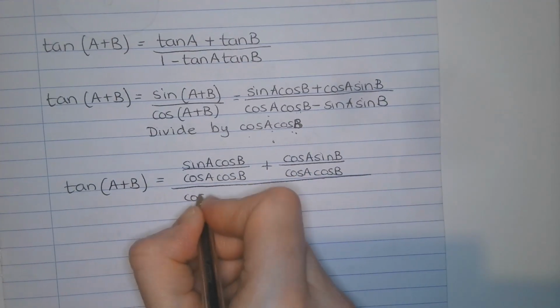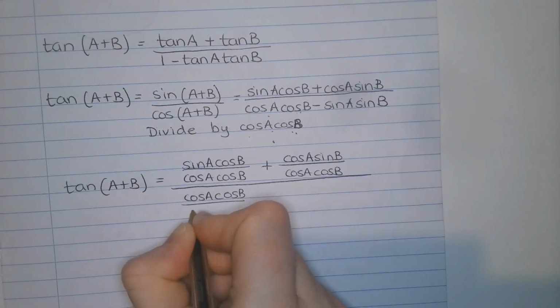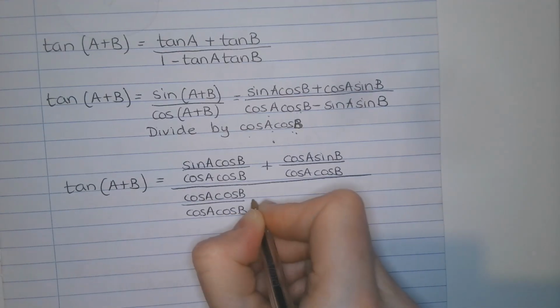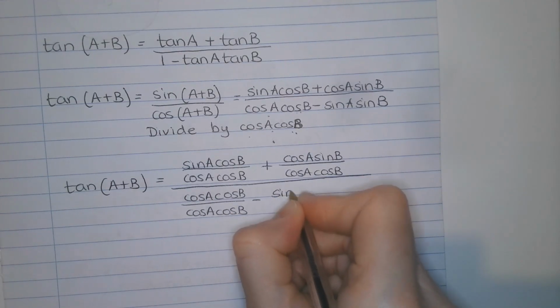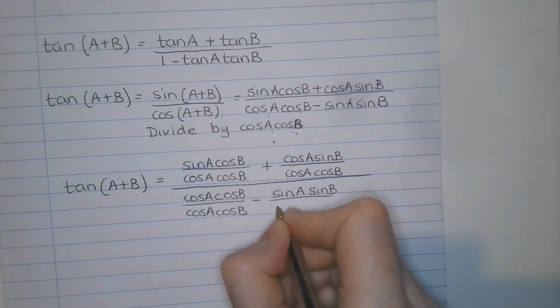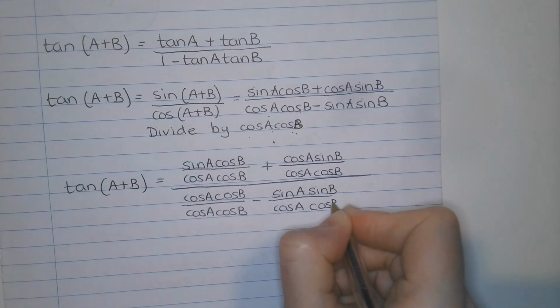And we do the exact same for the denominator. So cos A cos B divided by cos A cos B minus sine A sine B over cos A cos B.